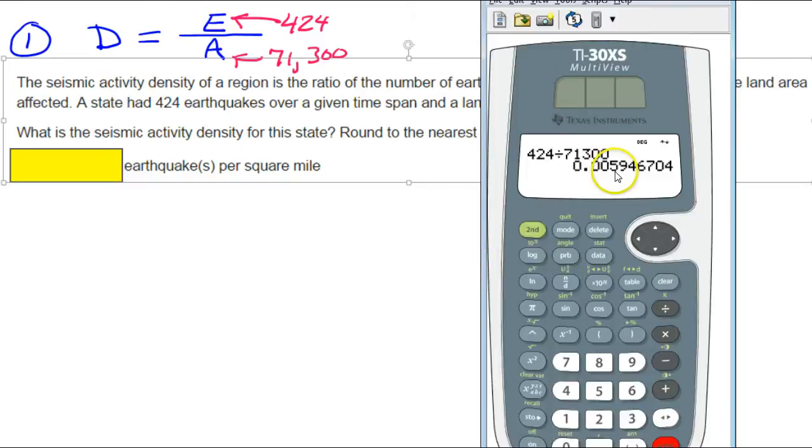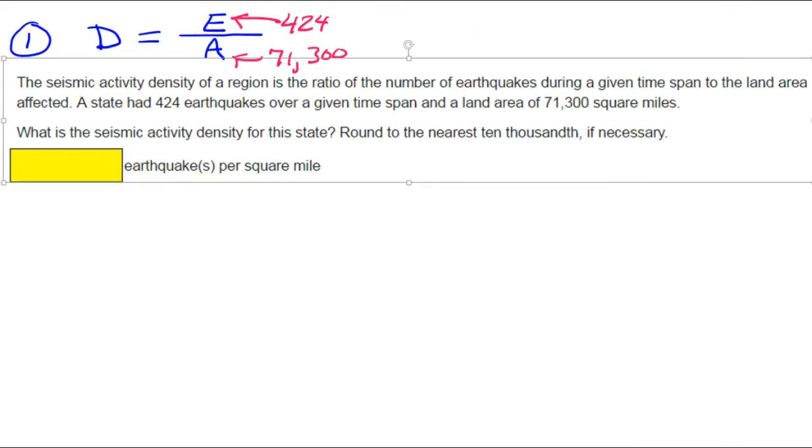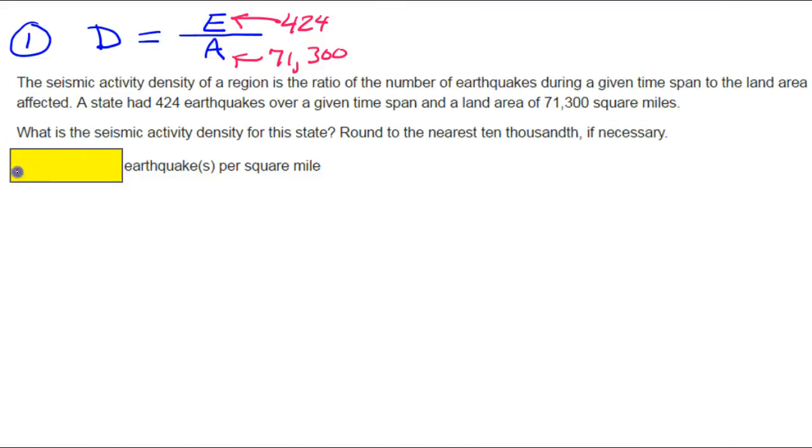Did I say 3 decimal places? I meant 4 decimal places for 10,000ths. Tenths, hundredths, thousandths, 10,000ths. So 0.0059 earthquakes per square mile.